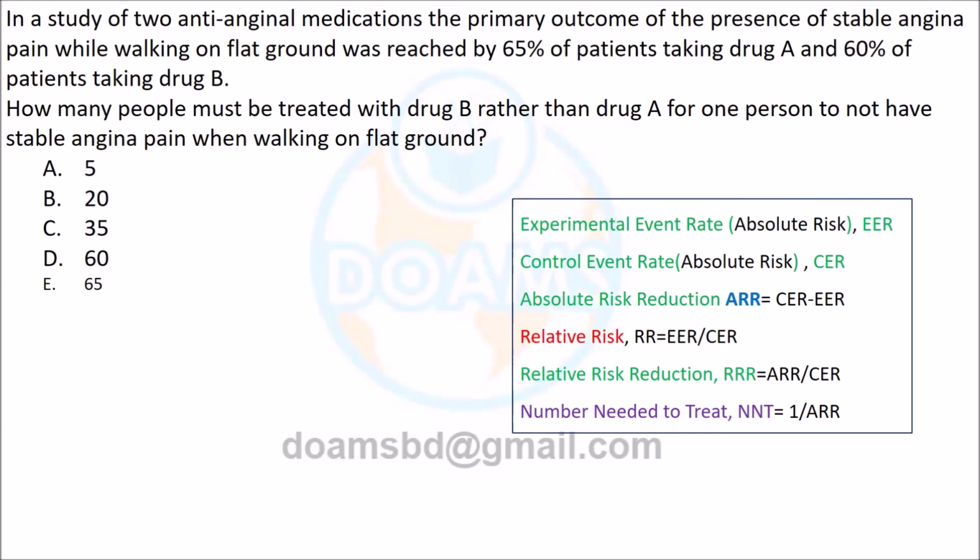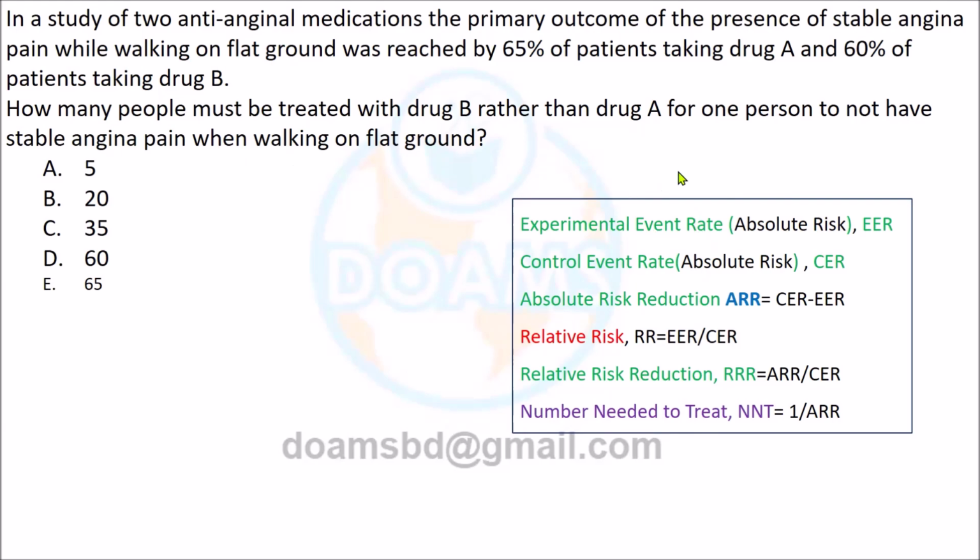Yes, we are comparing the B drug. B means, for example, maybe a new drug. It is an old drug. So drug A will be the control here. When walking on flat ground, that is prevention of the angina. We are thinking the outcome will be the prevention of angina. So our event is angina.